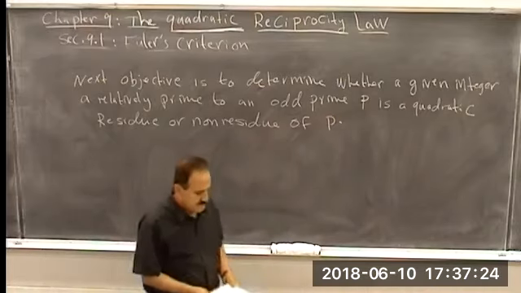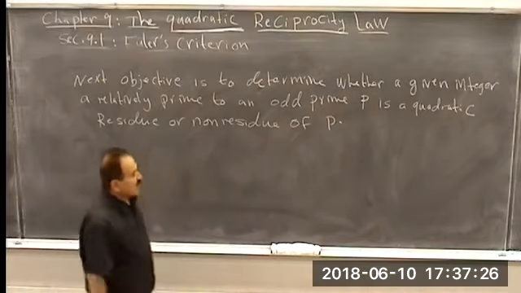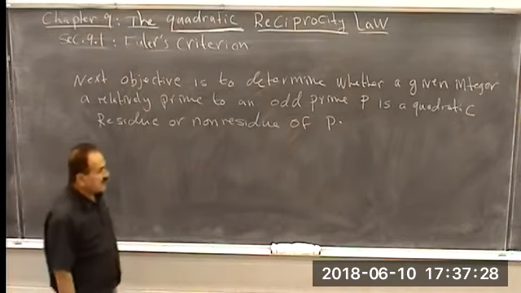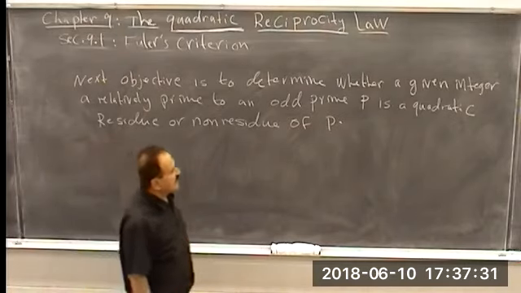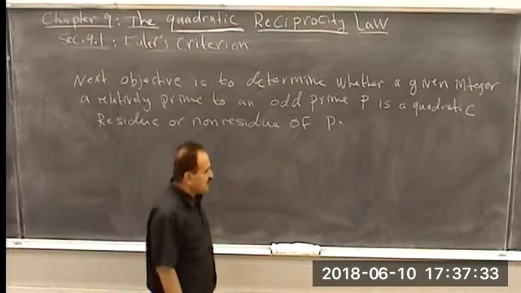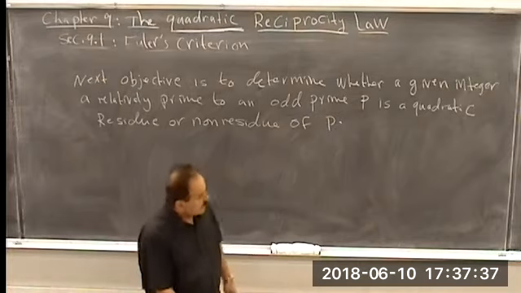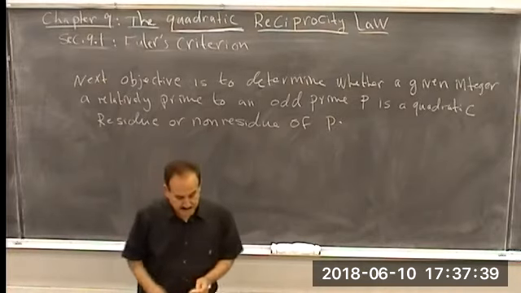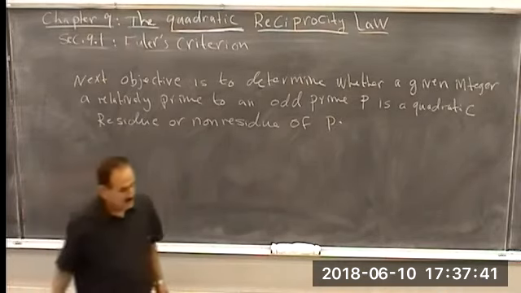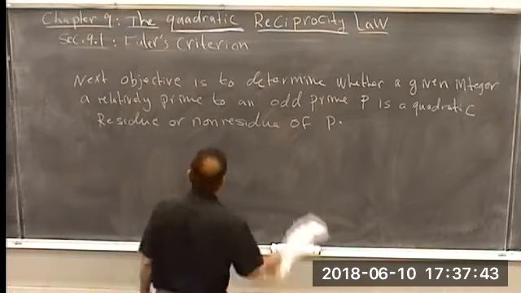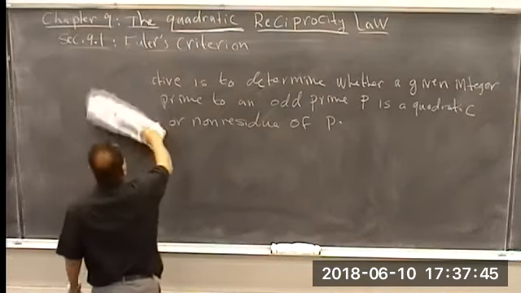This was given by Euler, and in fact we did discuss it in the previous section. Here we're going to give another proof for it. This condition was given by Euler, so it is called Euler's criterion.